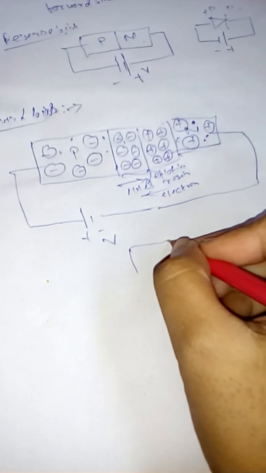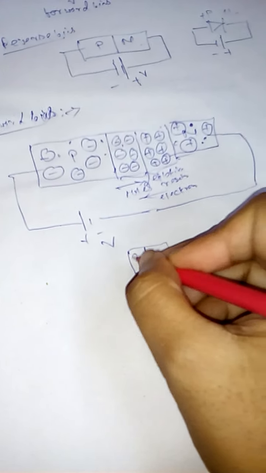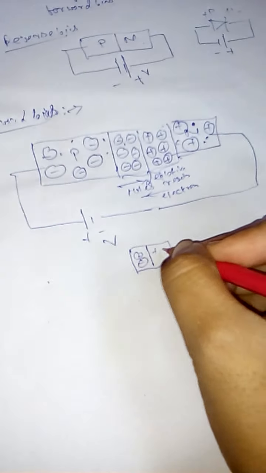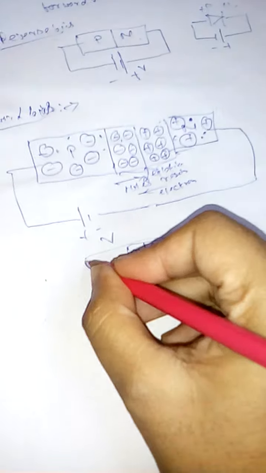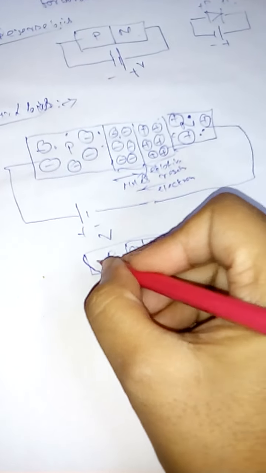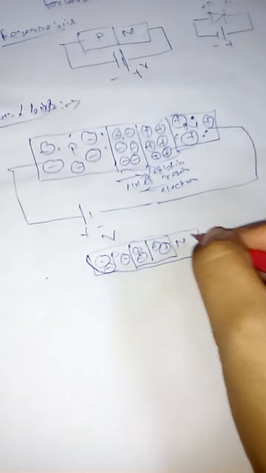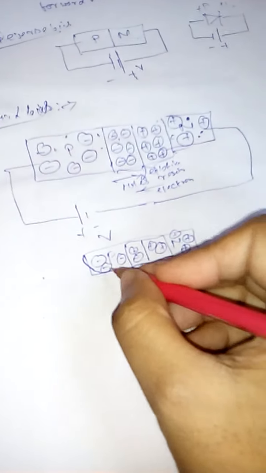Means the width is reduced here, the barrier is reduced here, the P and N. Here we see that it is reduced.